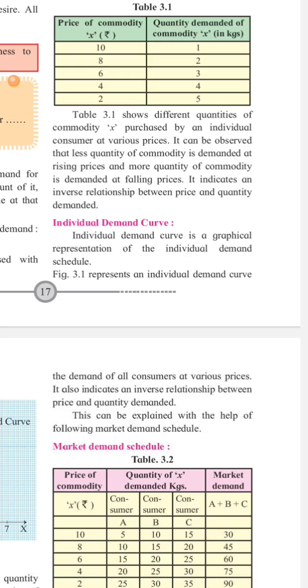So when the price of a commodity is high, consumer purchasing power is less, and when the price is low, purchasing power is more. So as price falls, quantity demanded increases, showing an inverse relationship.